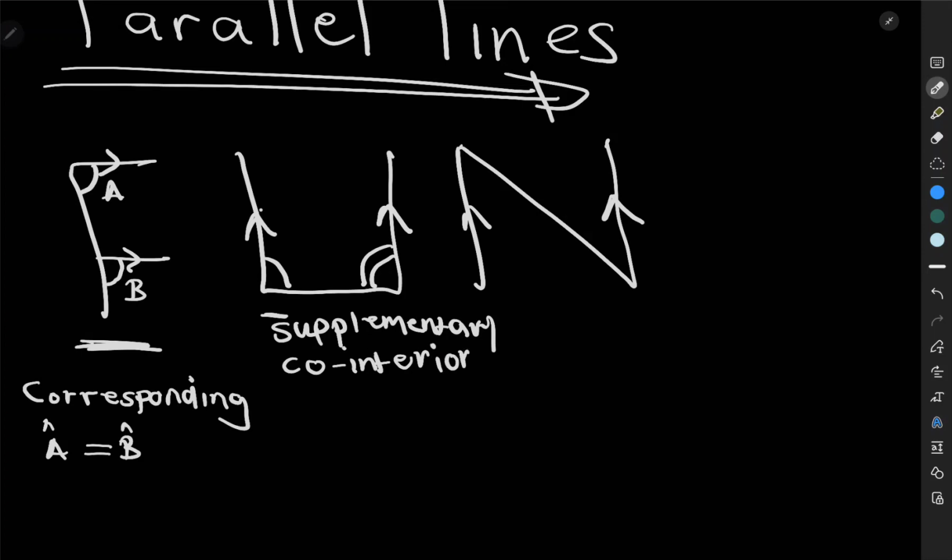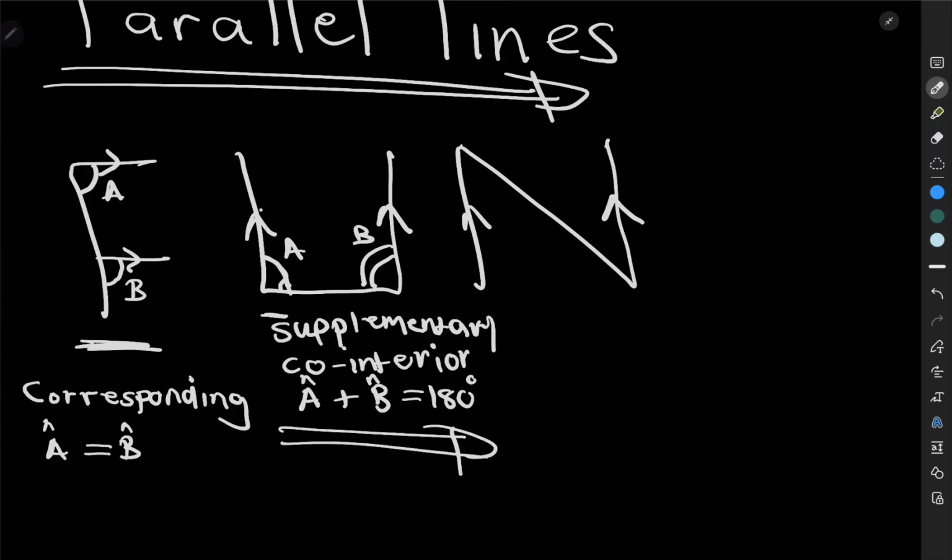So if we have two parallel lines like this, and we have the shape which is a U, and we have two angles which are not equal, if you add those two angles, we're going to get supplementary angles, or the value of 180. So in this case, let's say this was A and this was angle B, we're going to assume that angle A plus angle B equal 180 degrees, and your reason would be co-interior angles.